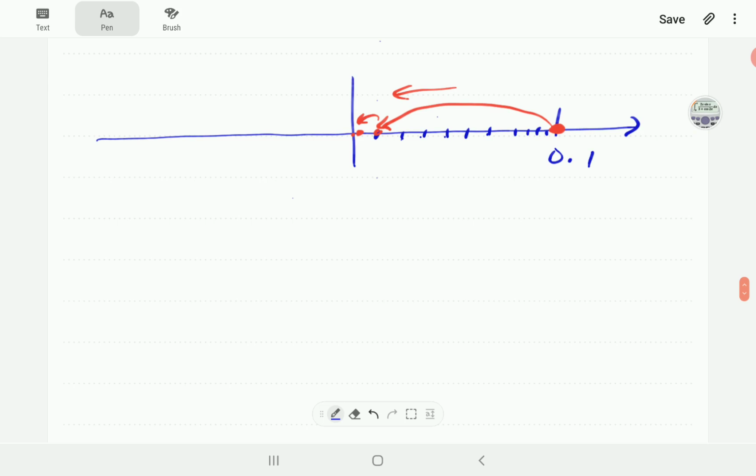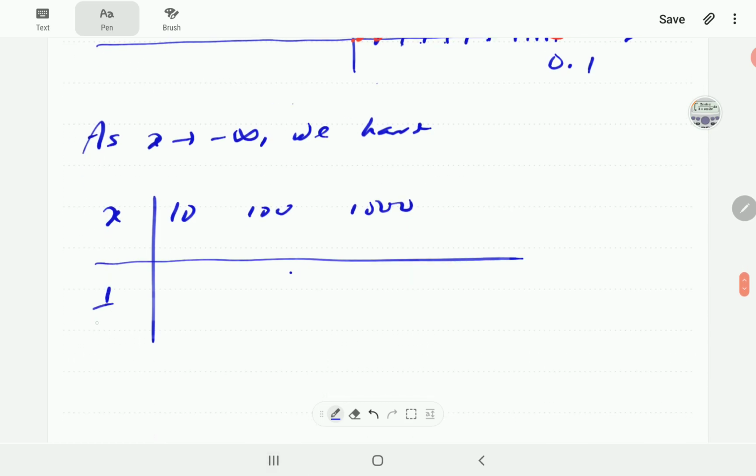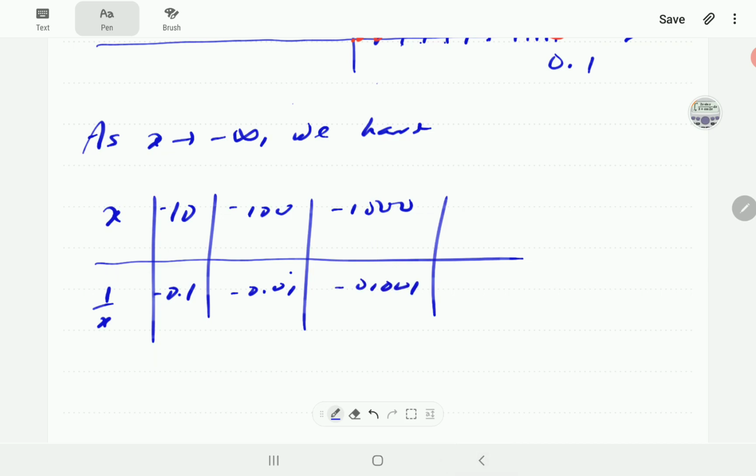Right, now how about as x goes to negative infinity? Let's bring back the same table here, 10, 100, 1,000. Perhaps we're just going to do the one for 1 over x, negative this time. So when x is negative 10, this is going to be negative 0.1, negative 0.01, negative 0.001.